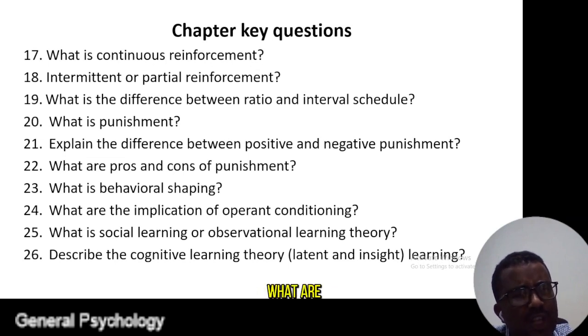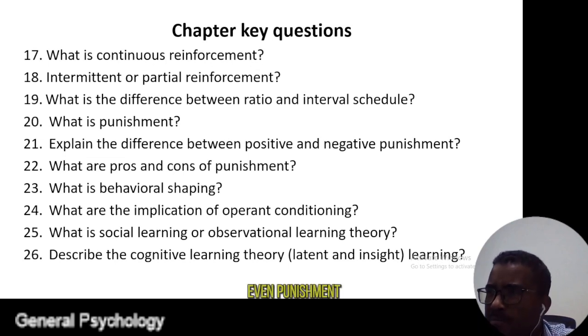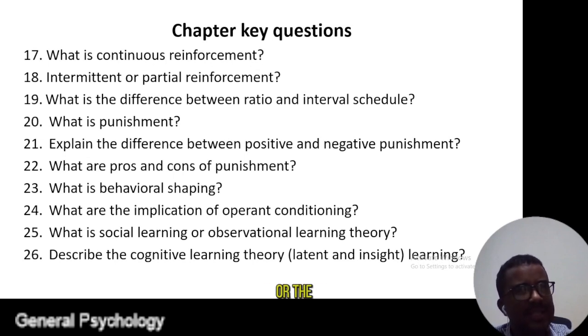What are the pros and cons of punishment? We may use punishment for the purpose of decreasing the likelihood of aversive or unwanted behavior. We parents or teachers may employ punishment to decrease the occurrence of unwanted behavior.